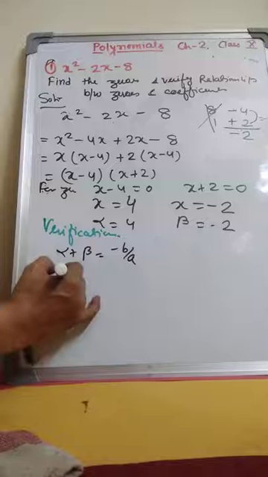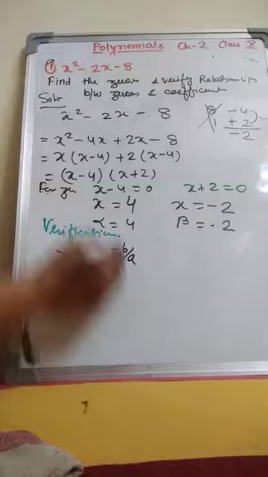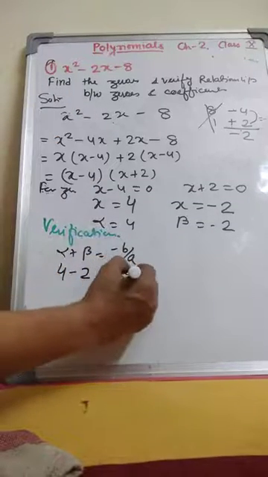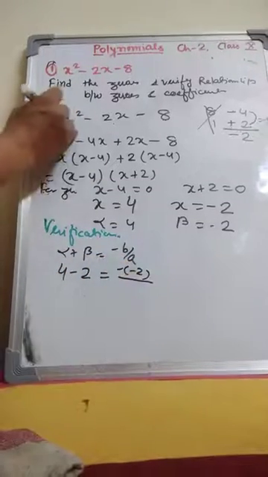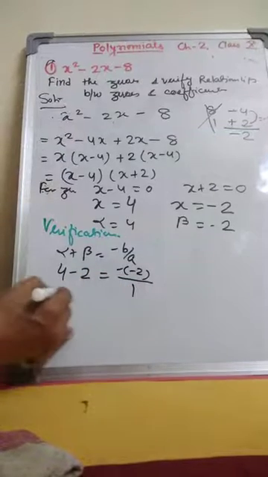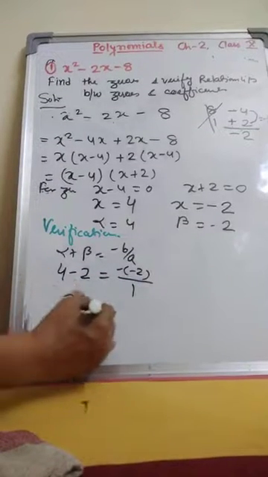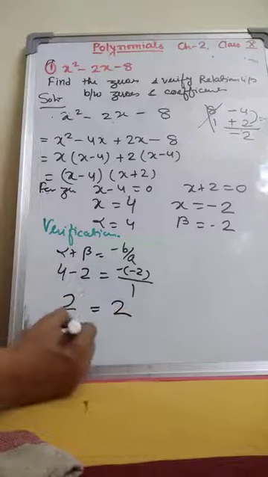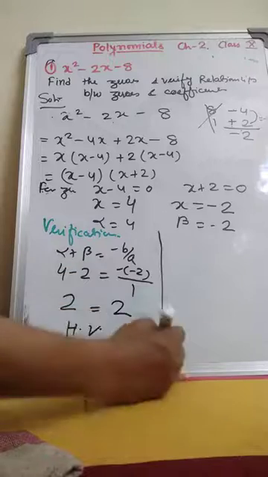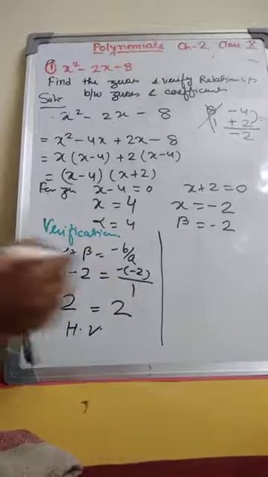What is alpha? 4. Beta? Minus 2. What is minus b? Minus of minus 2, that is 2, upon what is a? 1. 4 minus 2 is 2 and this is 2. Hence verified.